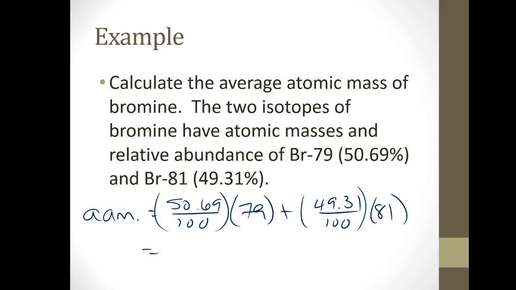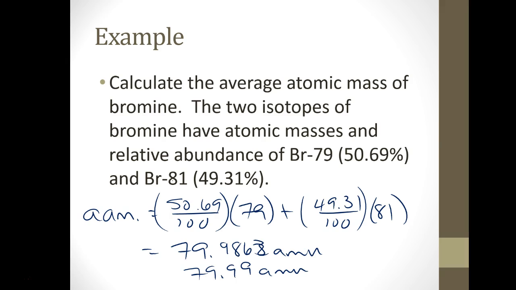And I got 79.986, and I think there's a 3. Nope, that's a 2. AMUs. And again, if you wanted to call it 79.99 AMUs, that would be totally fine by me.